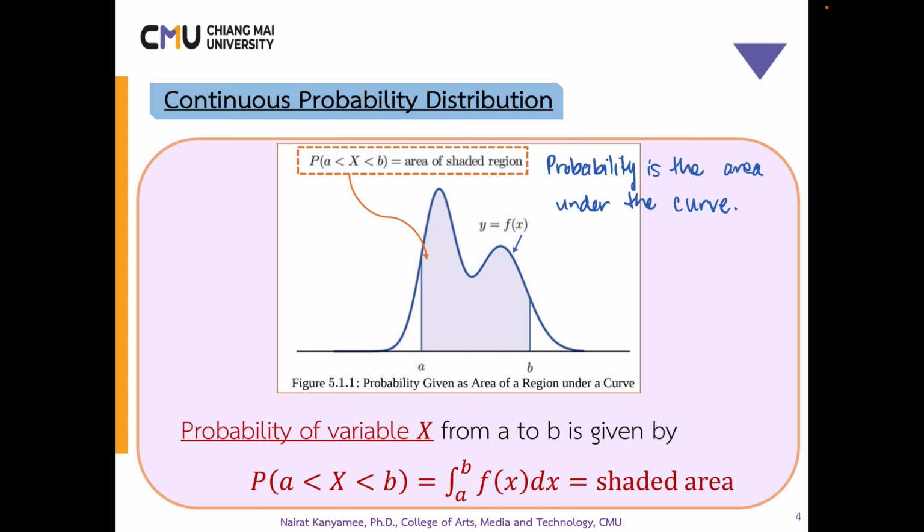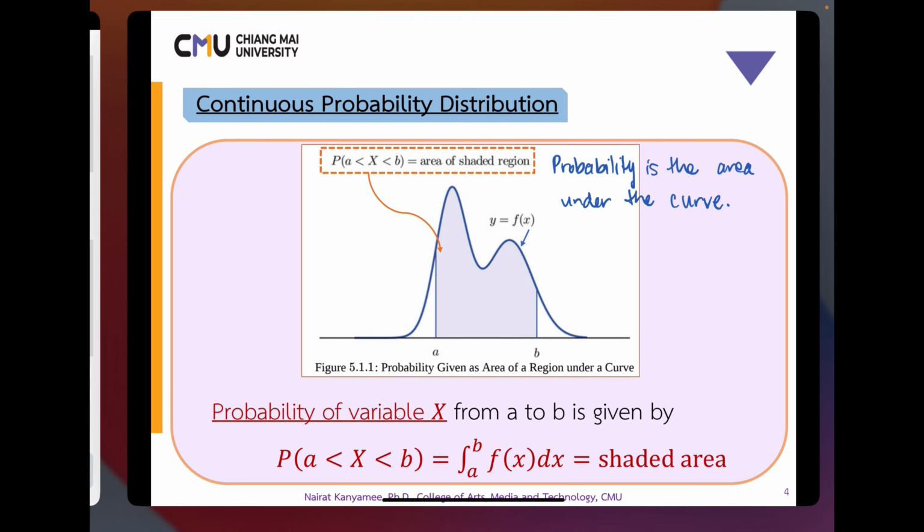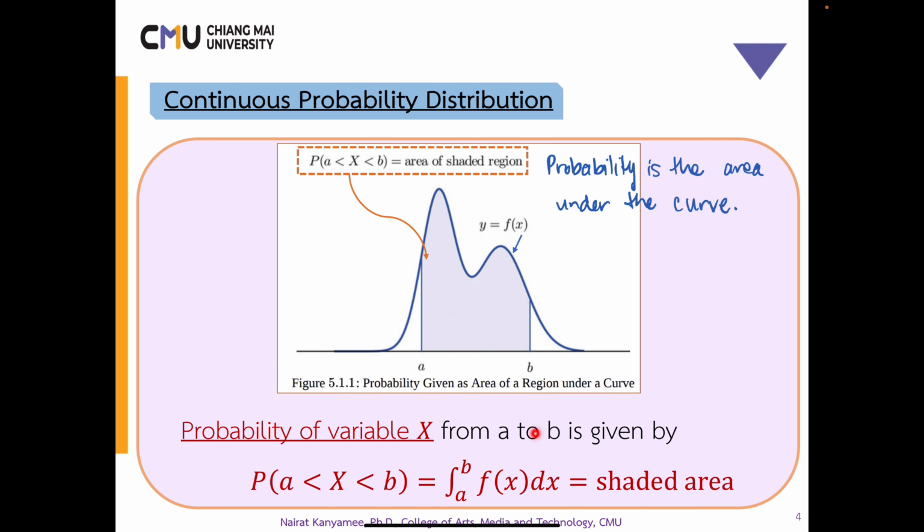To find this kind of probability from a to b, we actually use the integral. It is calculus that you have not seen before. The exact definition is the integration from a to b of f(x) dx. This will give you the shaded area. Since we have not learned calculus yet, don't worry about it. This is just the definition.